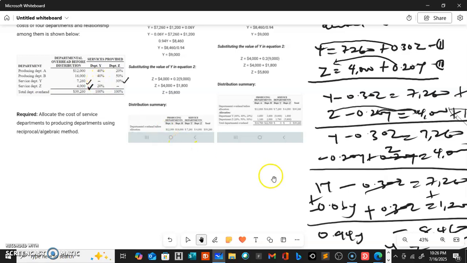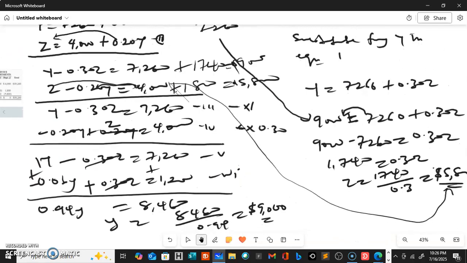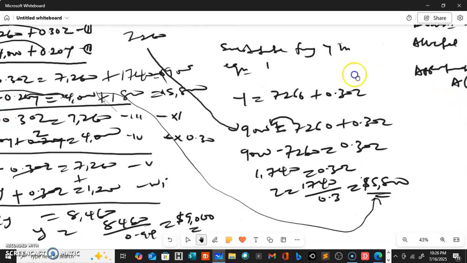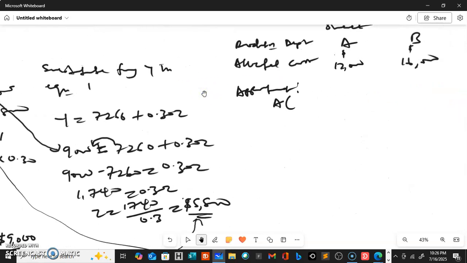That will now be 40 over 80. We're going to compare the difference with our results. 40 all over 80 times, that's for service cost center 1.